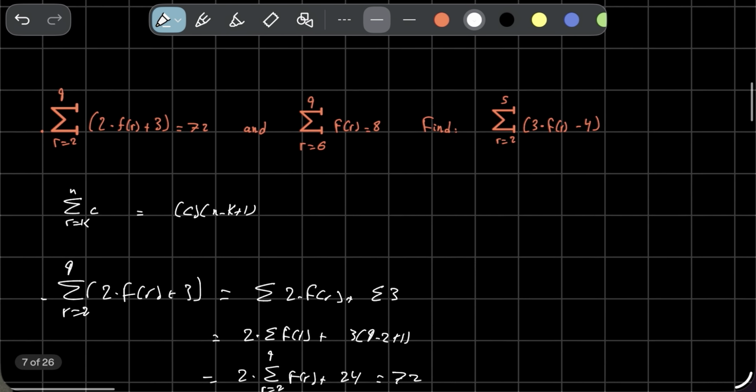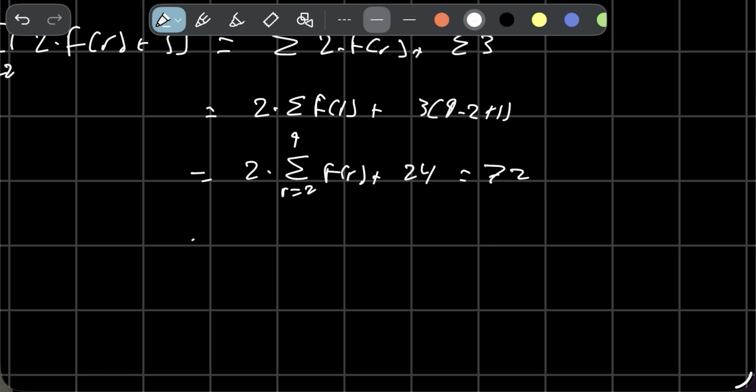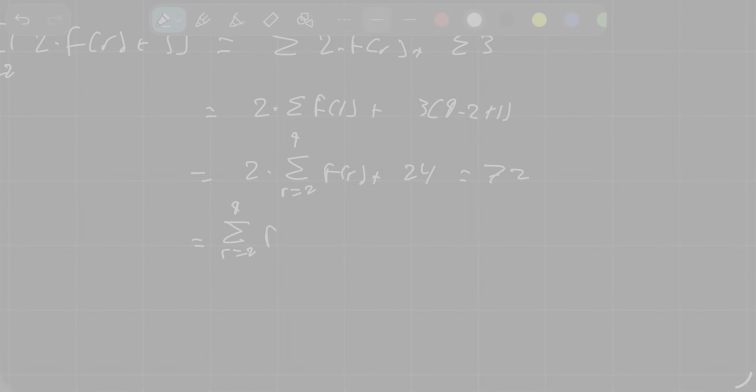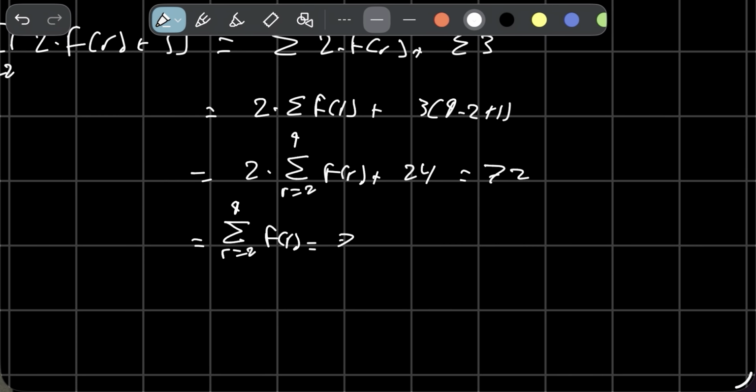Now let's isolate sigma of r equals 2 to 9. It equals 72 minus 24, over 2. On the calculator, 72 minus 24 gives us 48, over 2, which is 24.